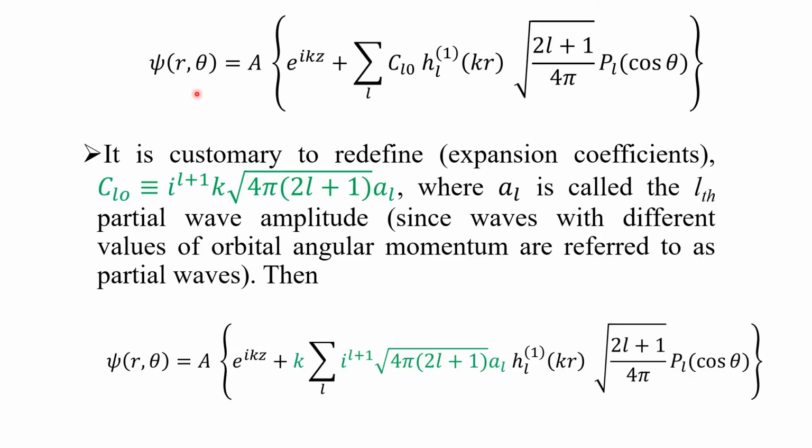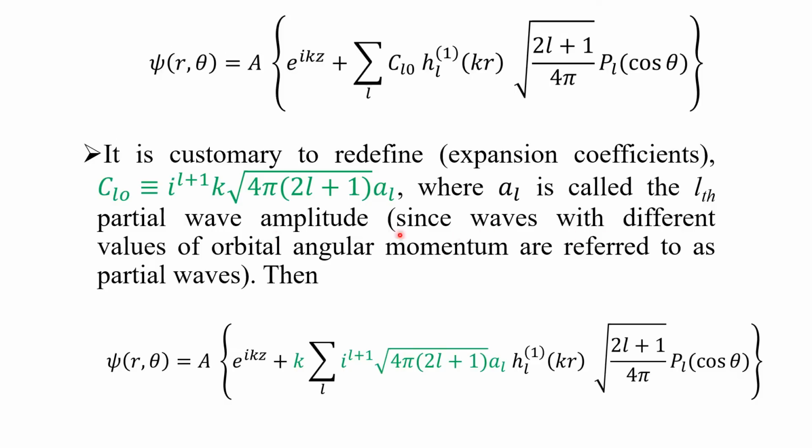Finally, the total wave function, which is a function of r and theta, will become like this. It is customary to redefine the expansion coefficient C_l0, because we have taken m equal to 0, as i^(l+1) k times the square root of 4 pi (2l+1) a_l, where a_l is called the lth partial wave amplitude.